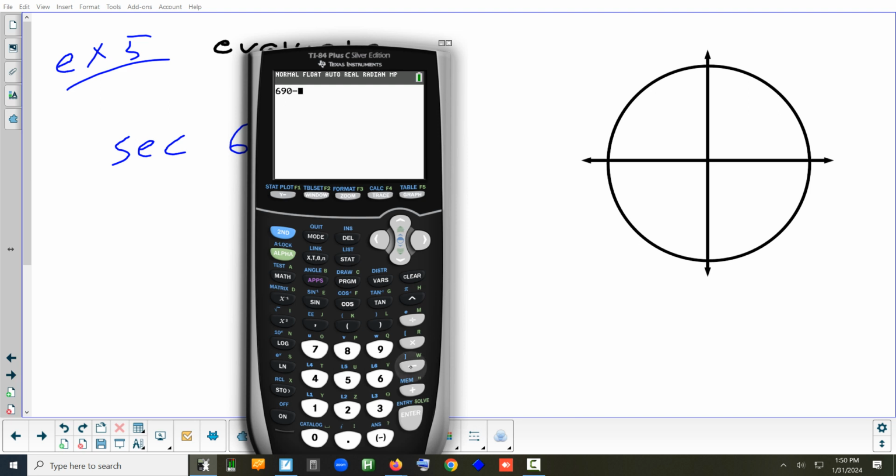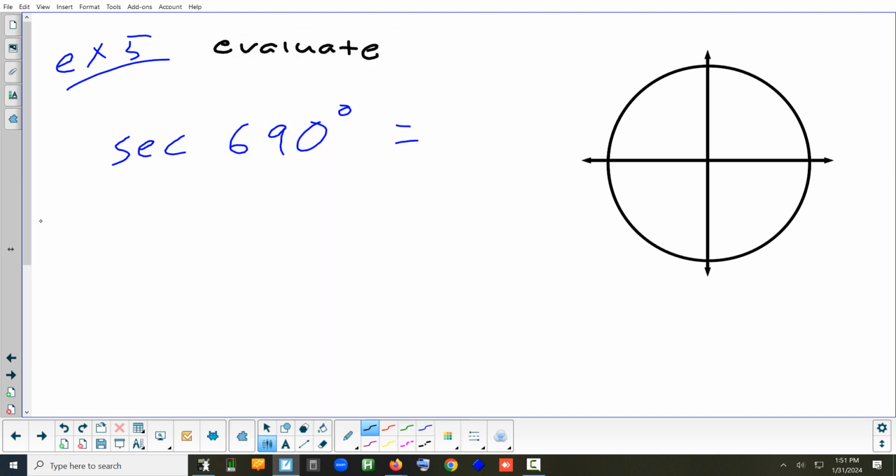Subtract 360, and that gives me 330. Do I want to subtract 360 again? No, if I do it again, it's going to go negative, and we don't want to deal with negative angles either. So the secant of 330 is a simpler way to write down what they're asking.